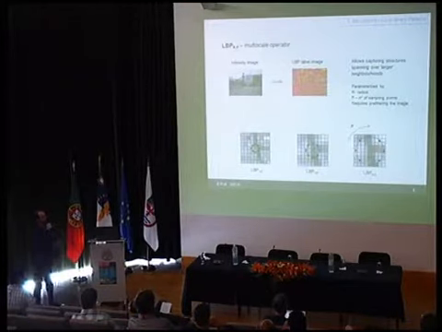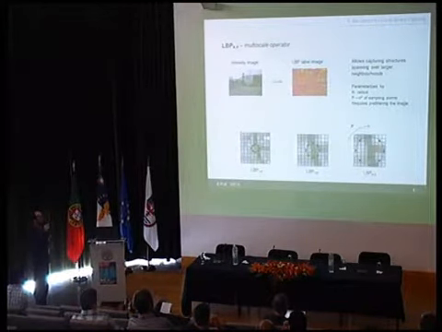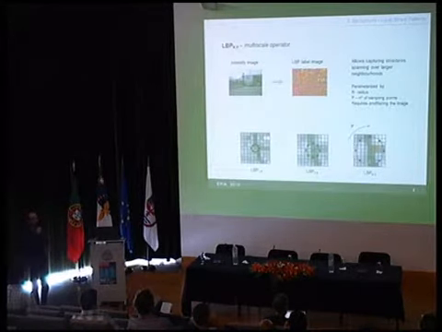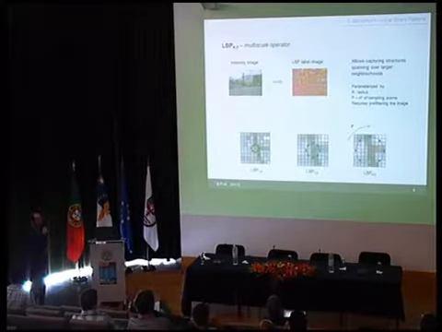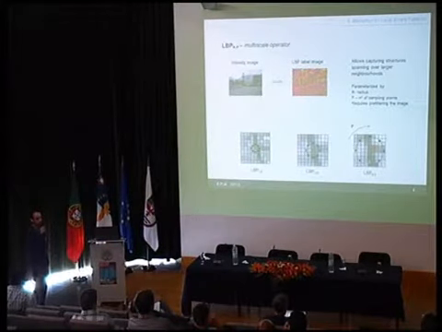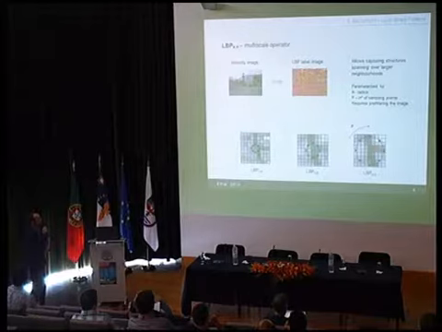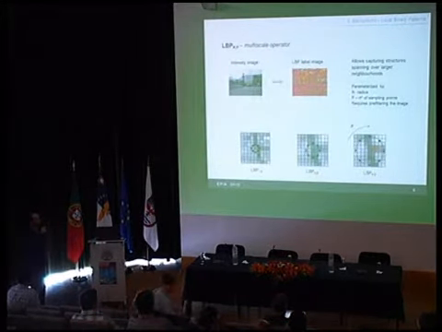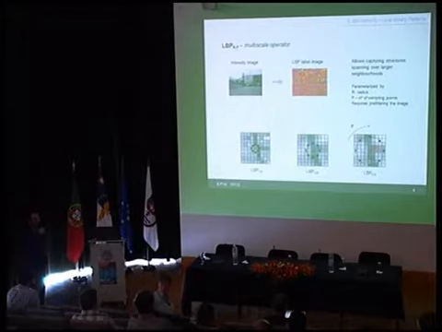Later, the authors of the LBP operator proposed a multi-scale operator which allows us to extract textures that extend over larger neighborhoods. This operator is parameterized by 2 parameters, a radius and the number of sampling points.